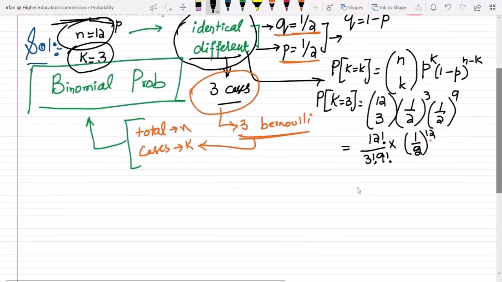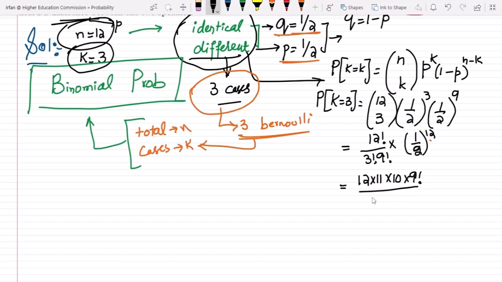Now what I will get is 12 times 11 times 10 times 9 factorial divided by 3 times 2 times 1 times 9 factorial. These two 9 factorials cancel out, and here it is 1 over 2 raised to the power 12.